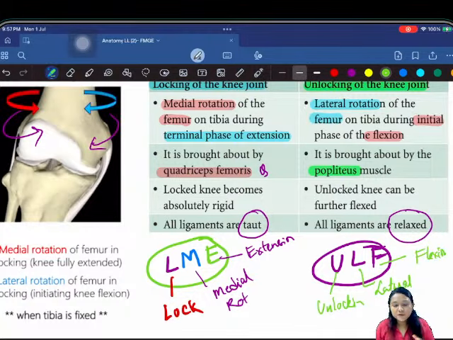Just try to remember these letters, LME and ULF. Locking, medial rotation and terminal phase of extension, and unlocking, lateral rotation and initial phase of flexion. And you must remember the muscles: in locking it is quadriceps femoris and in unlocking it is the popliteus muscle.